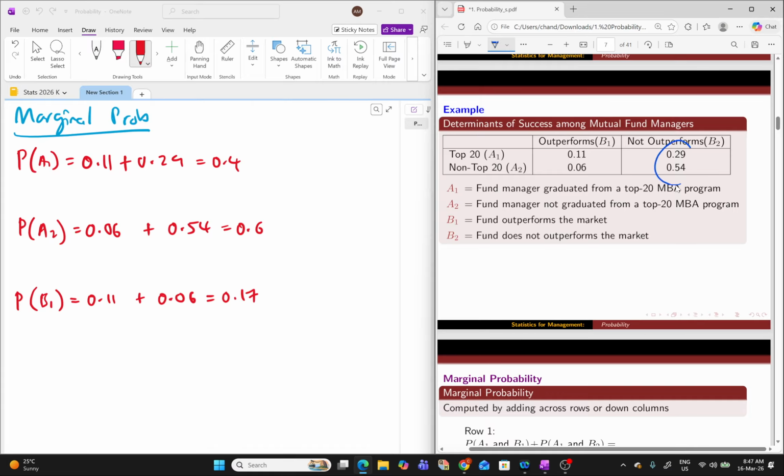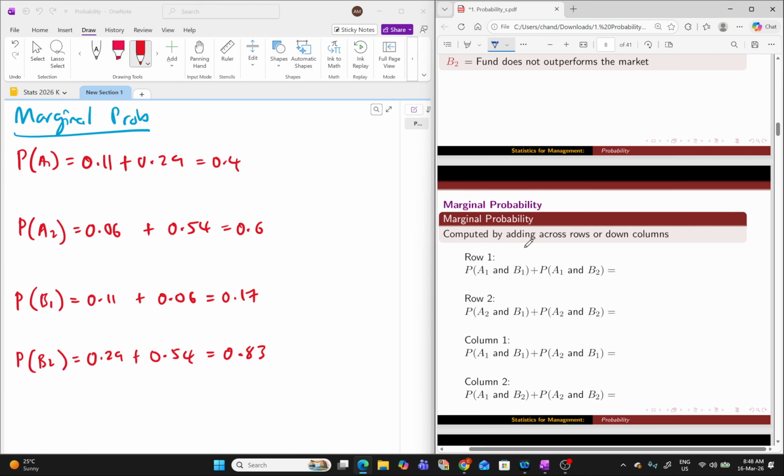And if you want to plus this, what you get? 0.83. So that's how you find marginal probability.